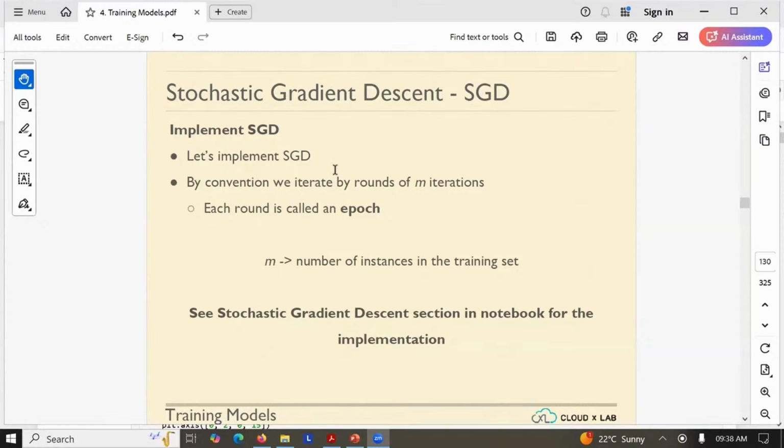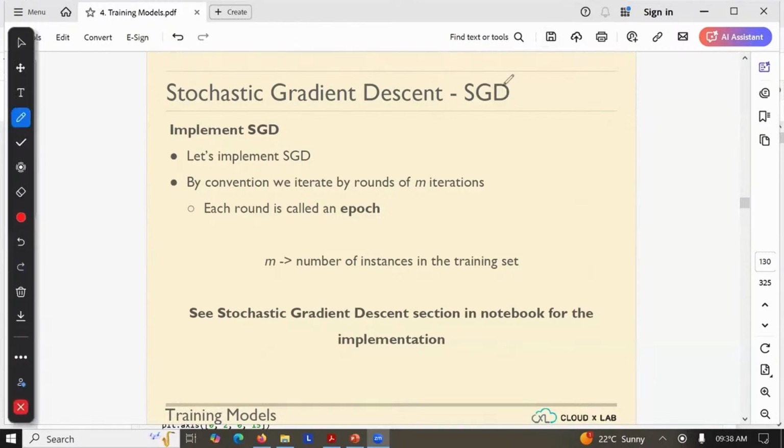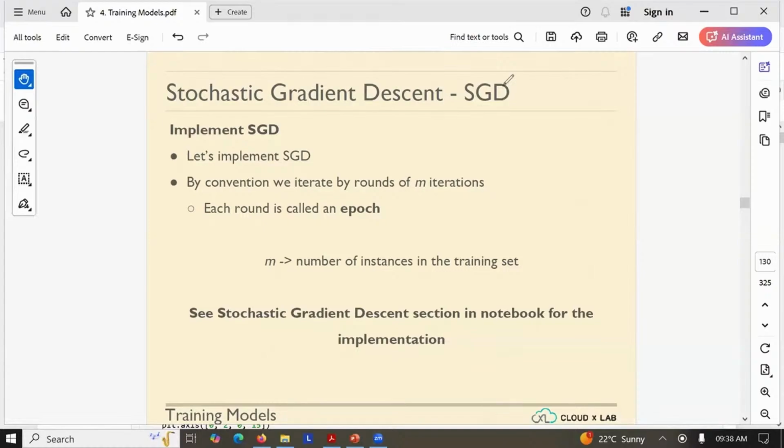So here in stochastic gradient descent, we will compute the gradient using one example. Assume we have, let's say, three data points. We will randomly pick one data point. Suppose we choose this point the first time.